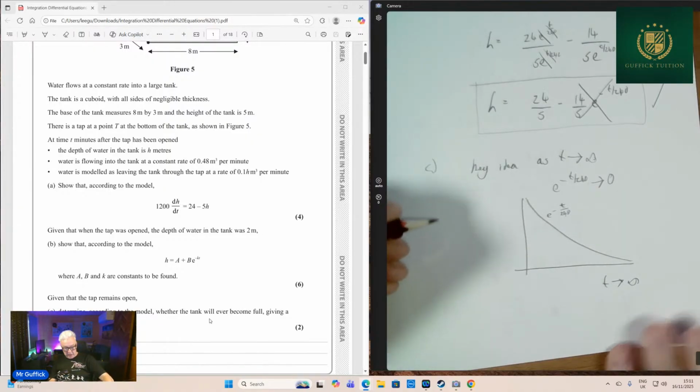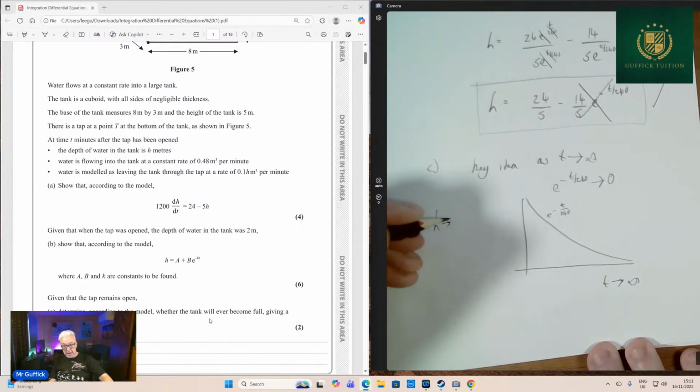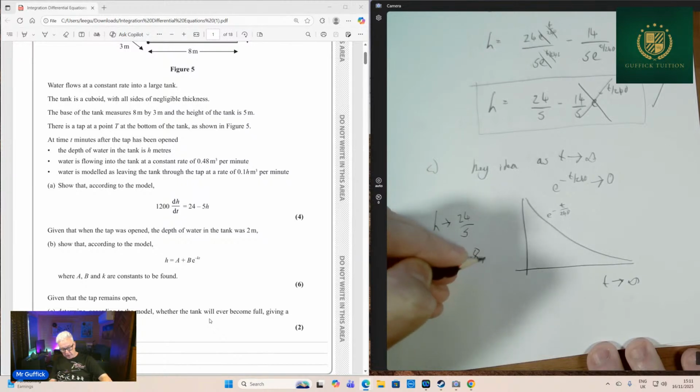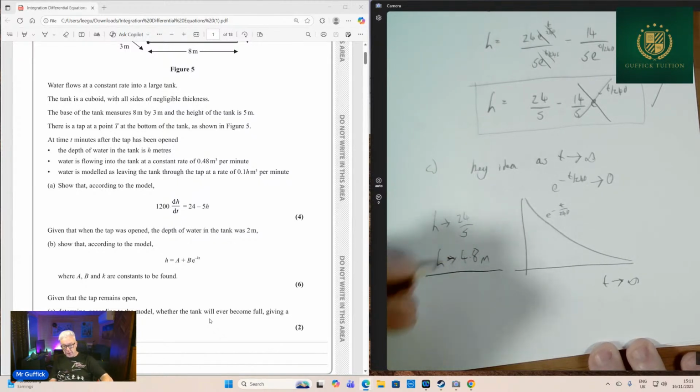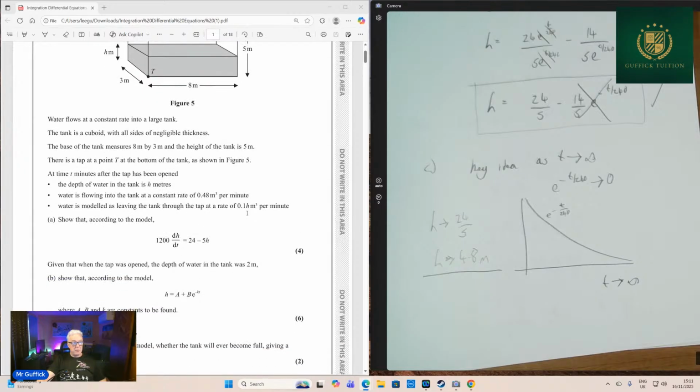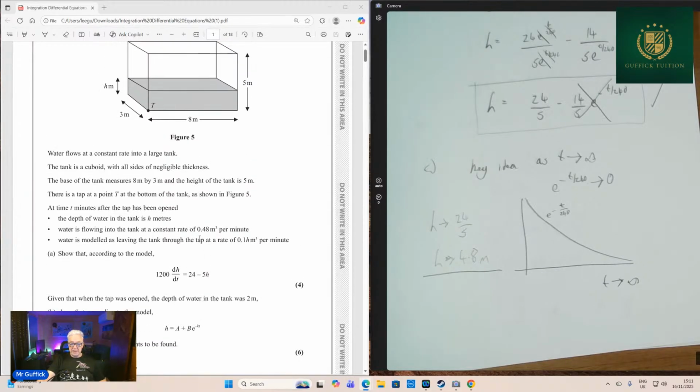So that means that the height, h, is going to tend towards 24 over 5. Now, 24 over 5 is equal to 4.8 meters. So the long-term behavior of the fluid in the tank is that it's going to tend towards 4.8 meters, which means that the tank will never become full.